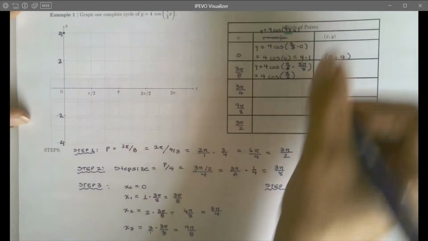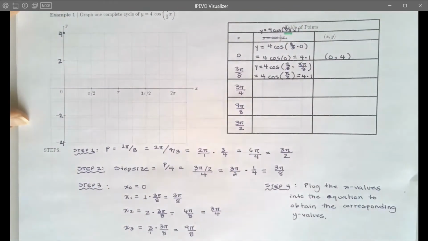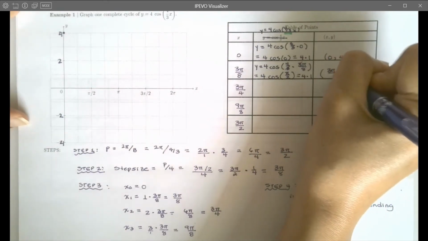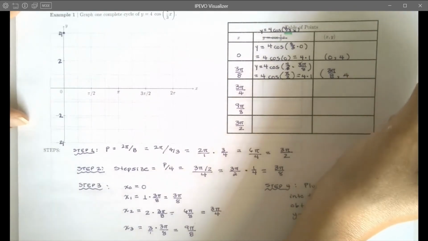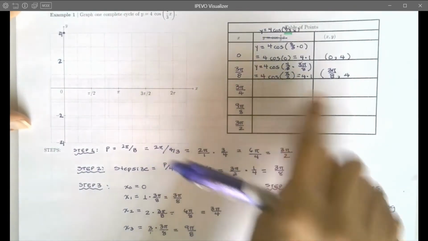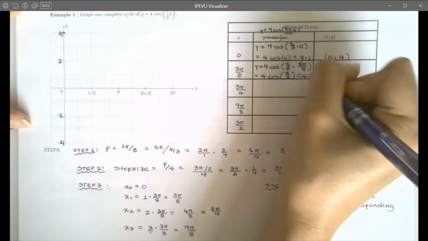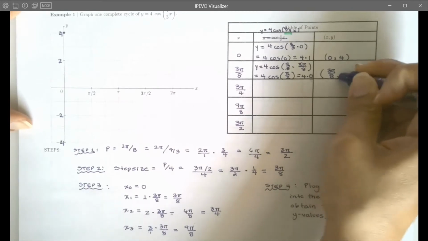Now cosine of pi over 2 is 0. So we're going to get a 4 times a 0, which is simply a 0.